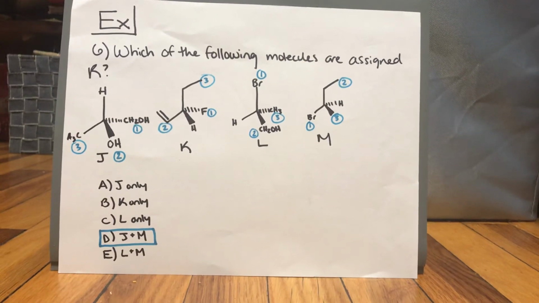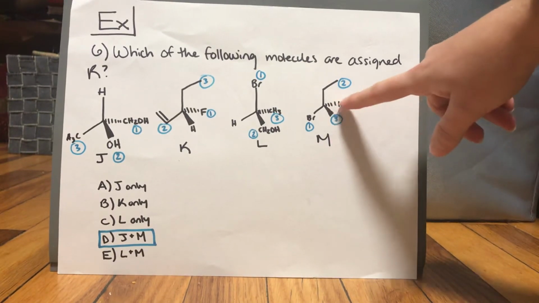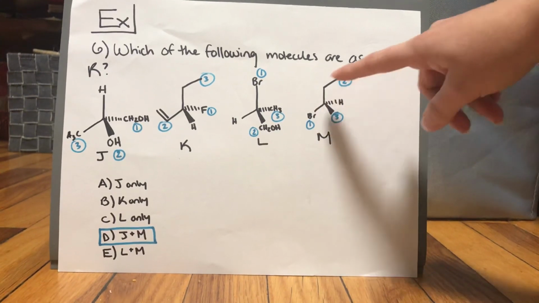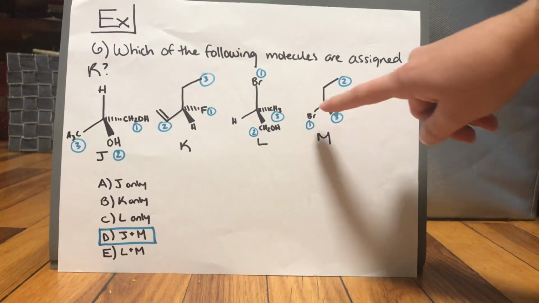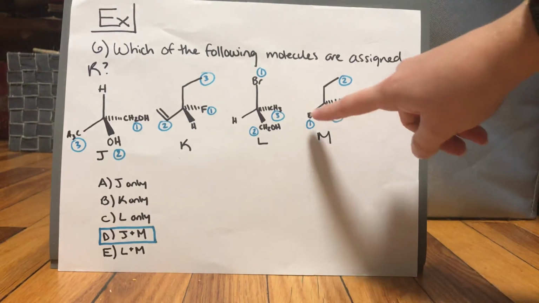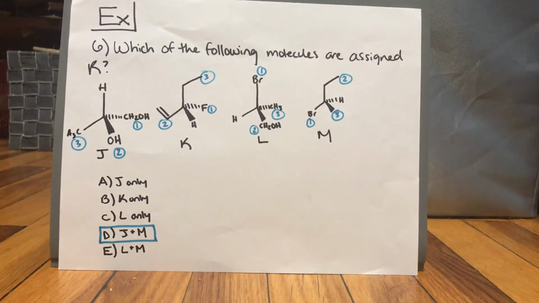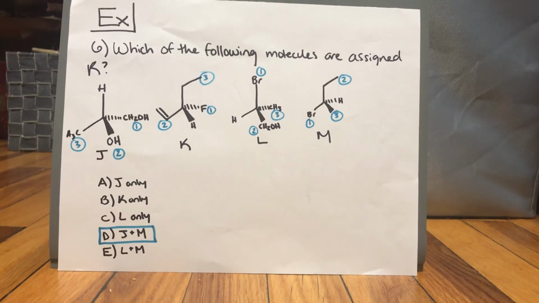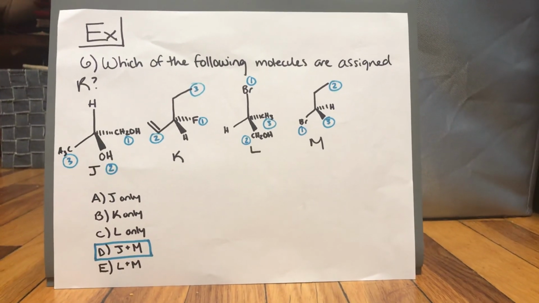And then lastly for M, H is already in the back, so this example is easy. We can just look at these groups and we can see that it goes from 1 to 2 to 3, which is a clockwise direction, so it is an R enantiomer. So this makes the answer J and M, as we can see stated below.